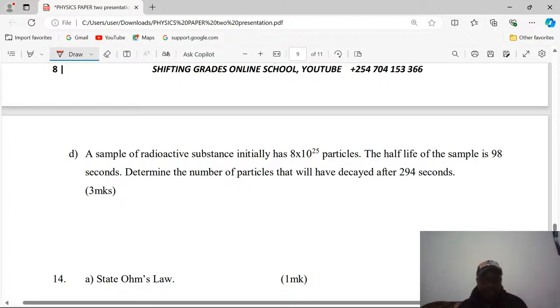A sample of radioactive substance initially has 8 times 10 power 25 particles. The half-life of the sample is 98 seconds. Determine the number of particles that will have decayed after 294 seconds.